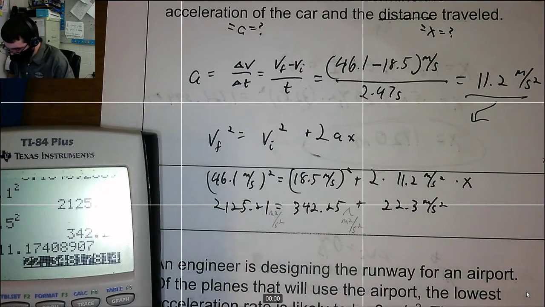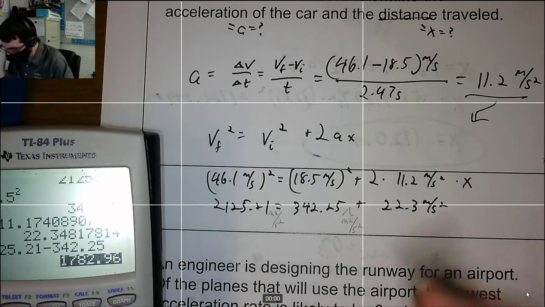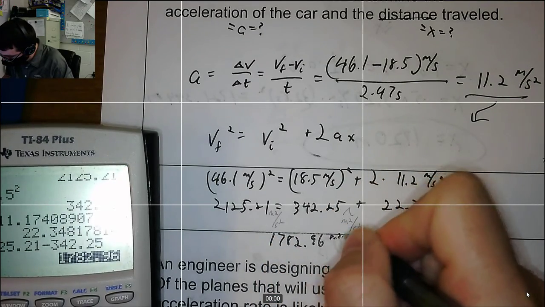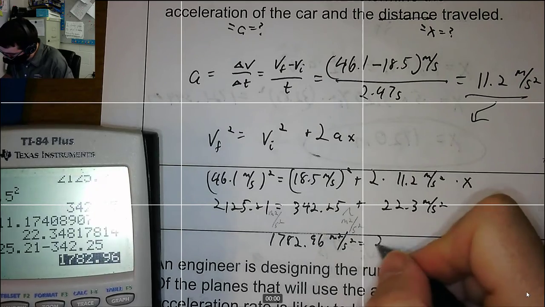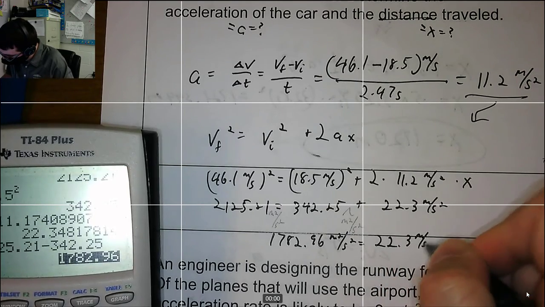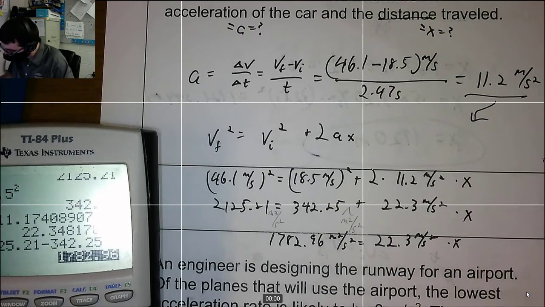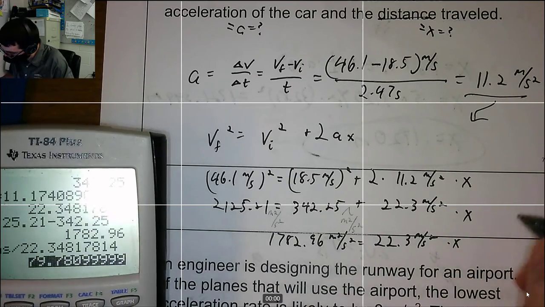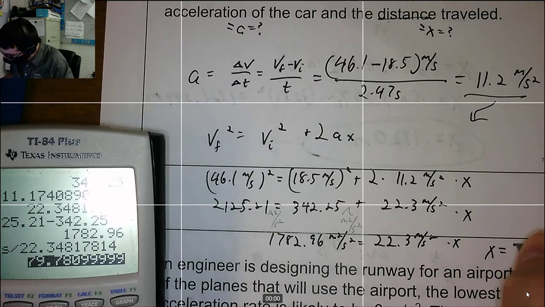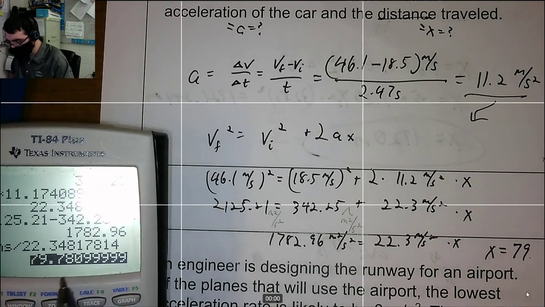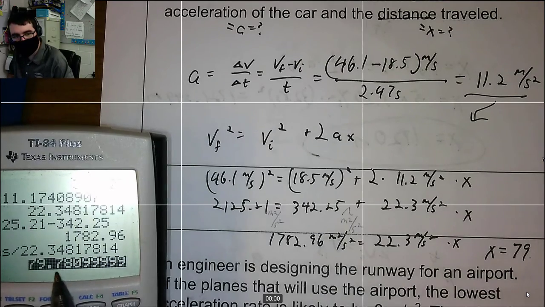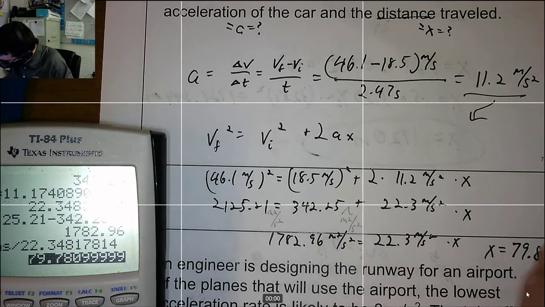We're then going to move this over here, and we're going to do that by subtracting, so then I get 17832.96 meters squared per second squared is equal to 22.3 meters per second squared times x. Divide both sides by that 22.3, and I end up with x is equal to 79.7809 repeating. Sig figs, again, we want to have 3, so that's going to become 79.8.